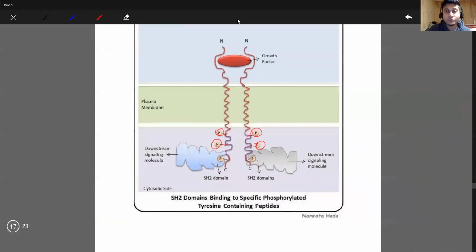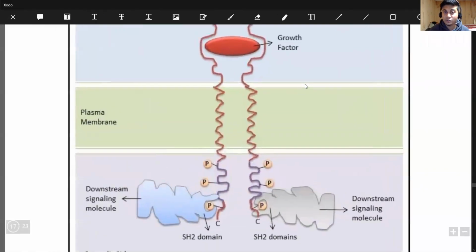Now, when they phosphorylate the tyrosine residues here, this phosphorylated tyrosine residue will then bind to some relay protein, like an SH2 domain that is shown here. Maybe it is some other relay protein, like the GRB domain.